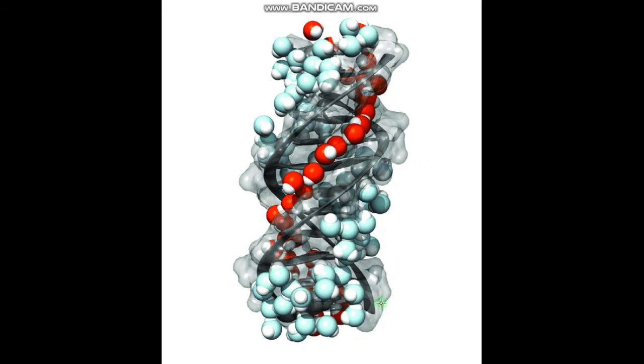And you can see slightly different behaviour in the two grooves here. So these light blue ones here are the waters in the major groove, and you can see there are quite a lot of them, but they're fairly scattered around. There's no really very fixed structure in the major groove. But in the minor groove, which is here, you get this spine of waters forming a continuous hydrogen bonded network all the way around the minor groove.